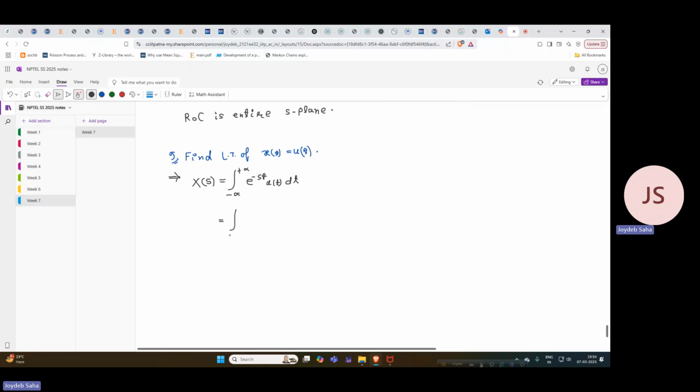It will be the integral from 0 to infinity of e to the power minus st dt.